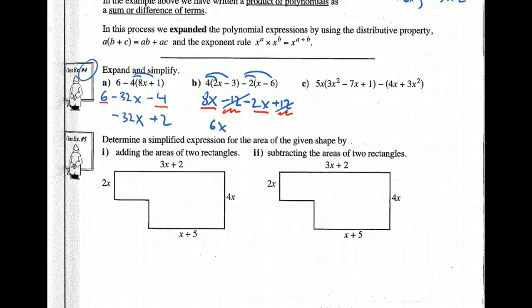Okay, here we go. 5x times 3x squared, 15x to the 3 minus 35x squared plus 5x. And then this is really a negative 1 here, so treat it as a negative 1, so it's going to be negative 4x minus 3x squared.